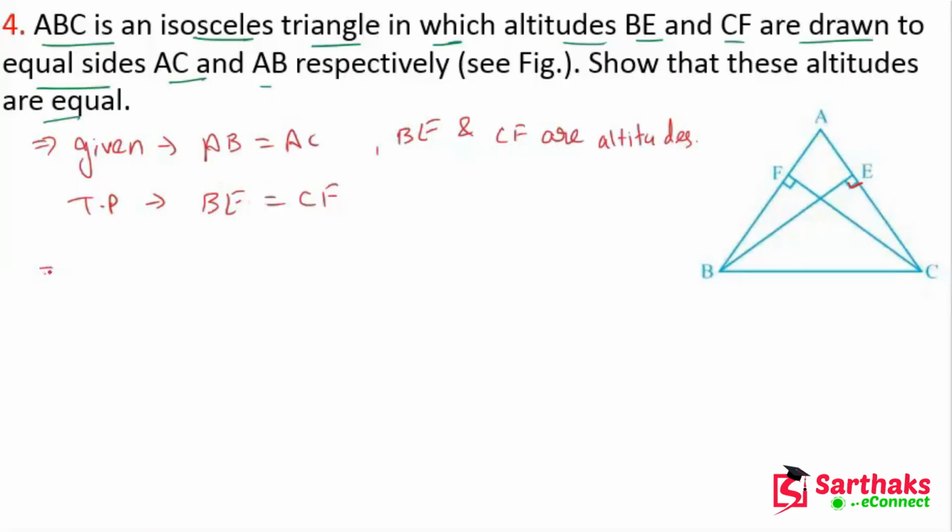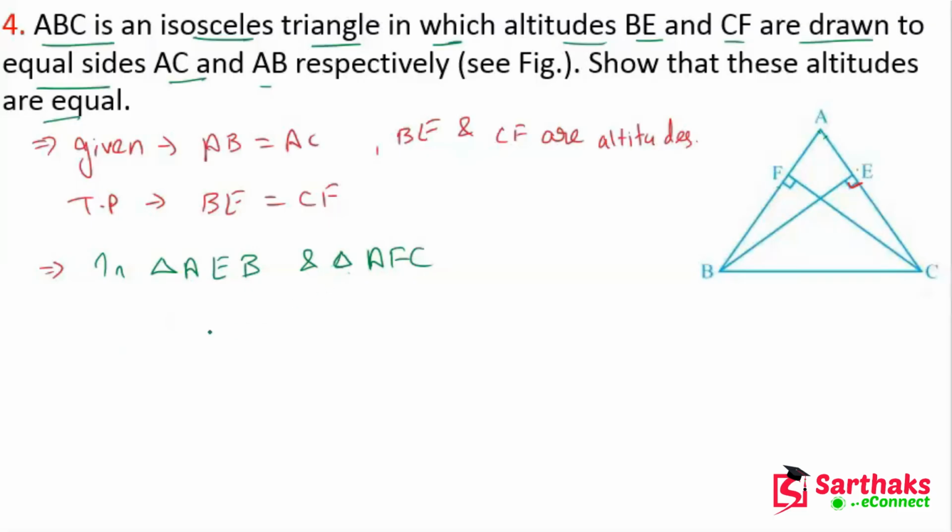So now let's start. In triangle AEB, which triangle? AEB means this triangle, and triangle AFC. We have to prove these two triangles congruent, then we can say that BE is equal to CF by the CPCT rule.